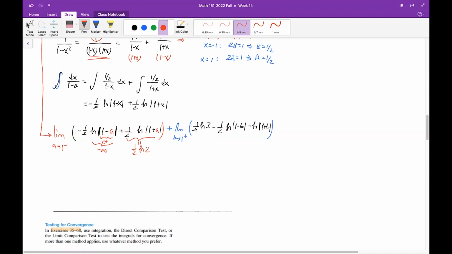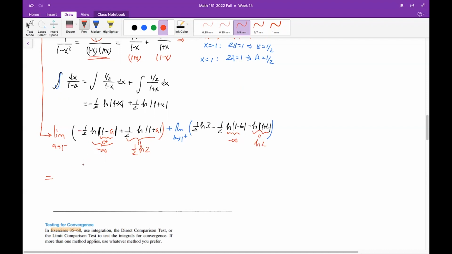Let's look at the second part. If b goes to 1 from the bigger direction, this part goes to 0. That's why this part goes to minus infinity. If b goes to 1, this part becomes ln 2. So for the result of the limits, there is an extra minus sign here.